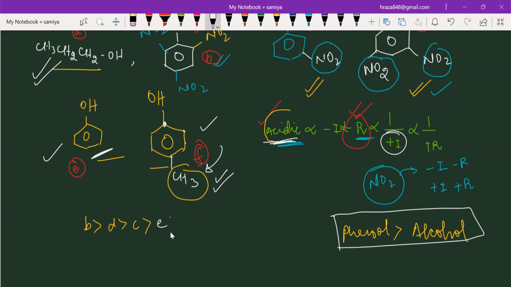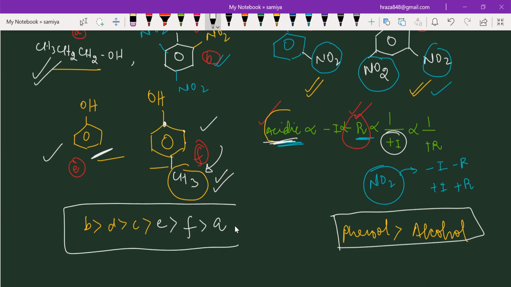So E, and after this F. This is the decreasing order, and you can write it in increasing order, just do the opposite. Yes or no? Yes, sir. So please write it.